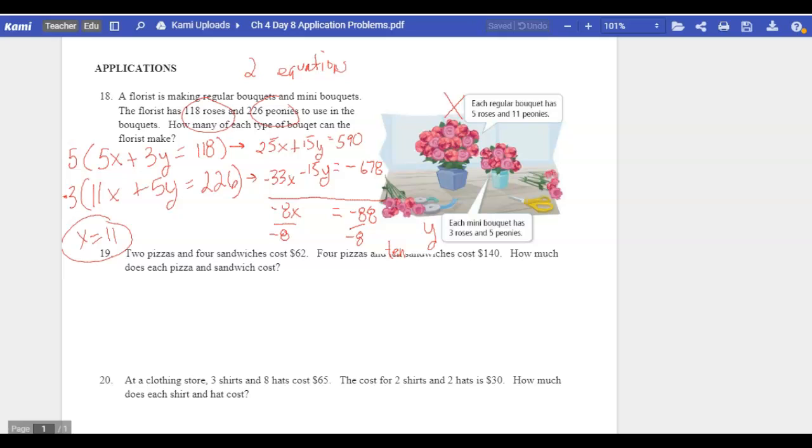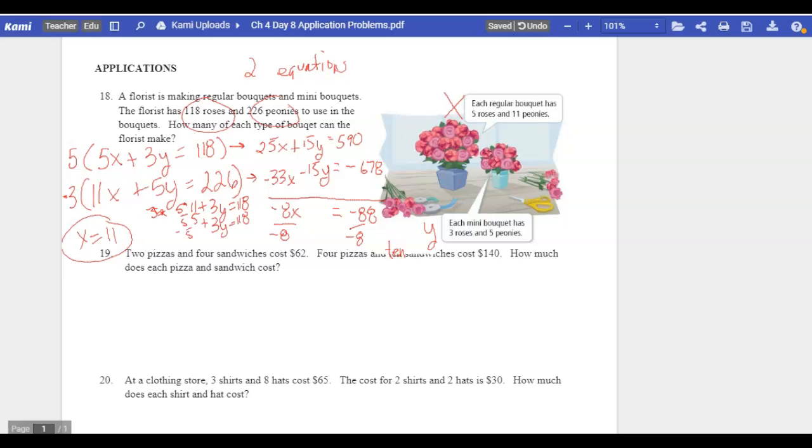So since I'm running out of room here, I'm not going to check my work on this one. Normally you'd want to. But if I have 5 times 11, that's my x, plus 3y equals 118. So I have 55 plus 3y equals 118.